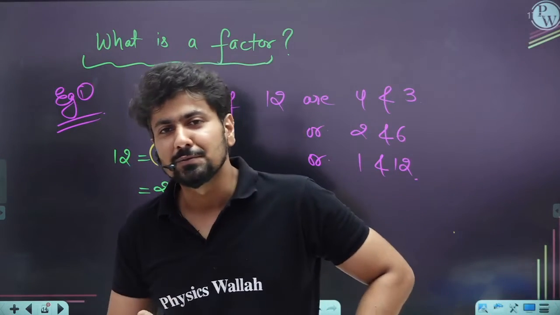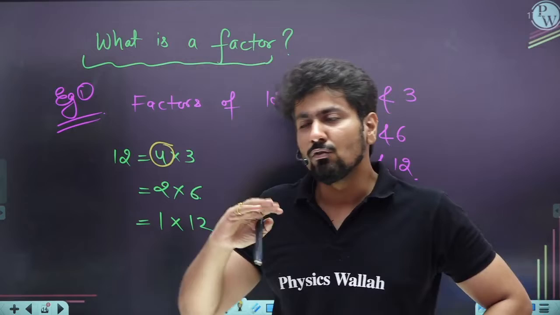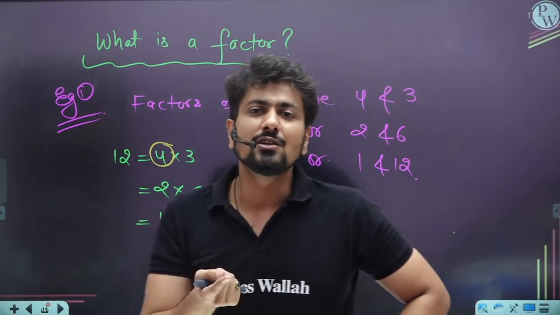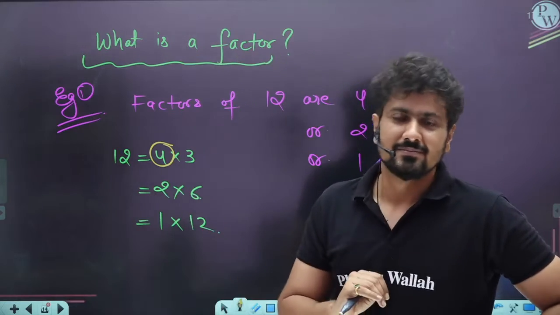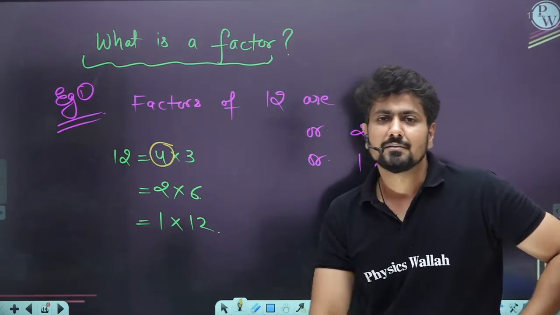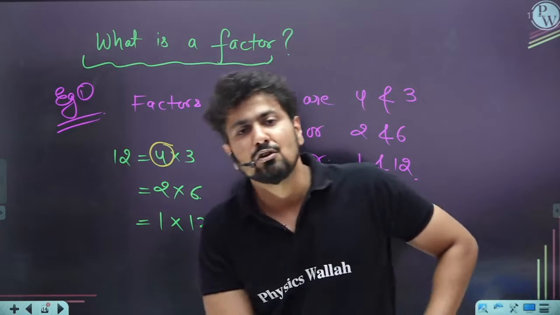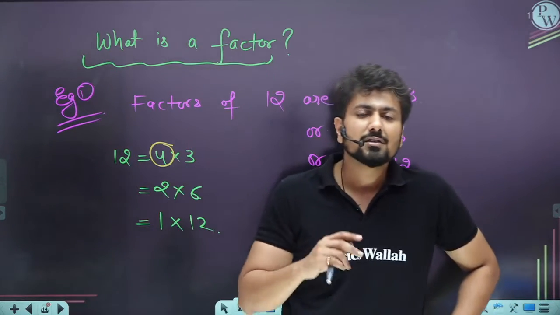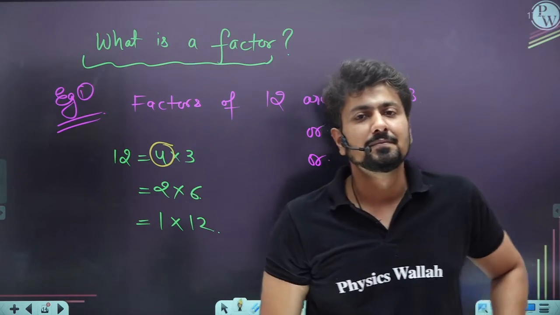If the remainder is 0, then it is a factor. 3 is a factor of 12. 1 is a factor of 12, and 12 is a factor of 12, because the remainder is coming out to be 0.